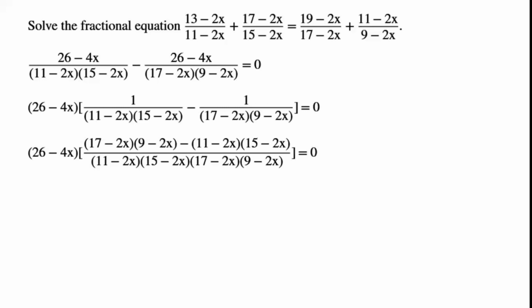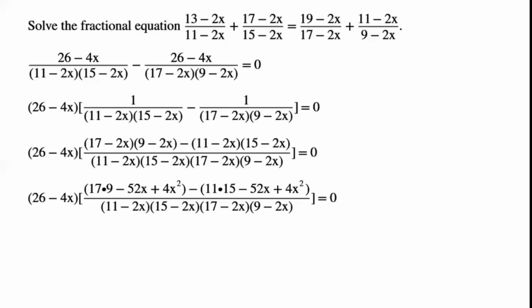By finding a common denominator, we can now write (26 - 4x) times [(17 - 2x)(9 - 2x) - (11 - 2x)(15 - 2x)] over (11 - 2x)(15 - 2x)(17 - 2x)(9 - 2x) equals 0.